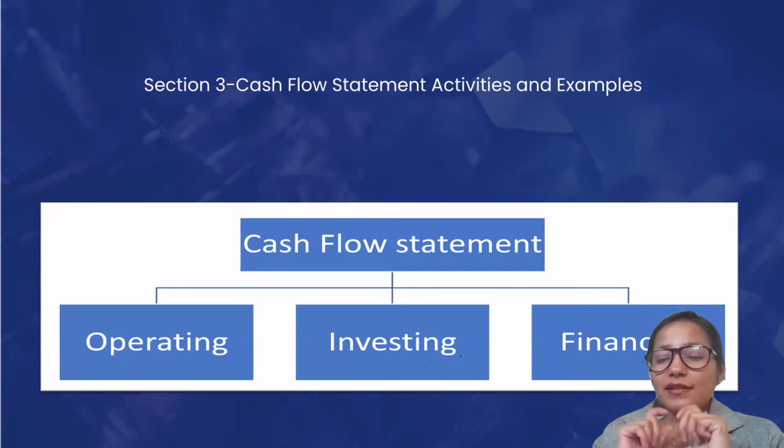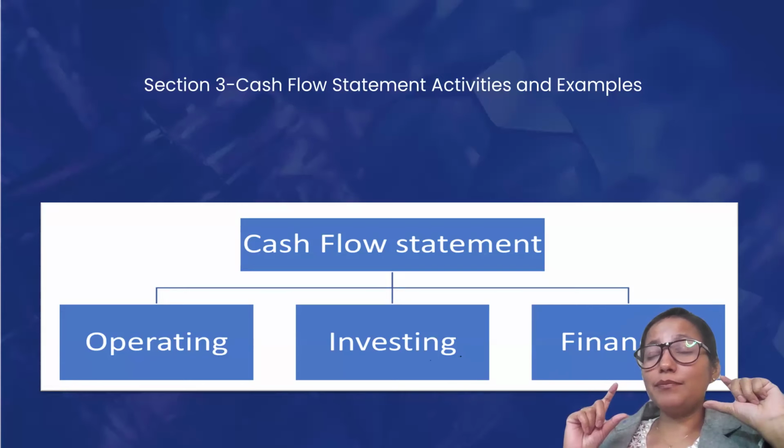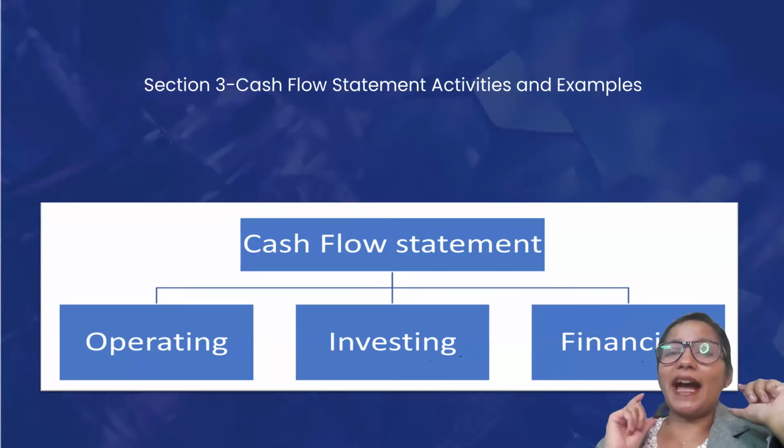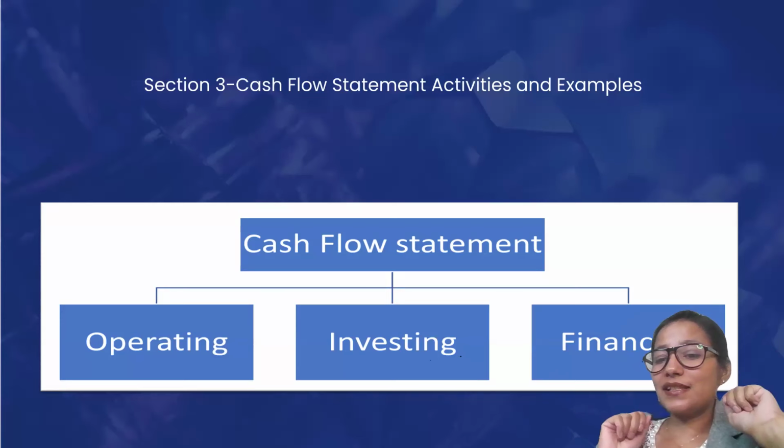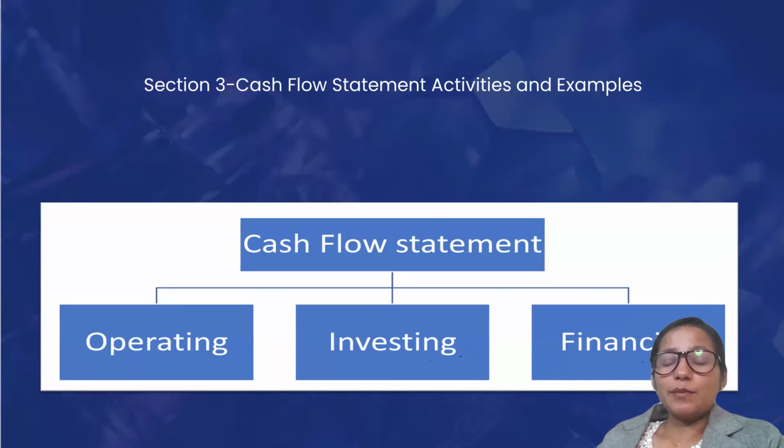When we go through these, I always suggest going with the name. In the name, the meaning is always behind it. Okay, operating means, can we say operation? So in a cash flow statement, what do you understand by operating activity? Main business related, main source of income related.